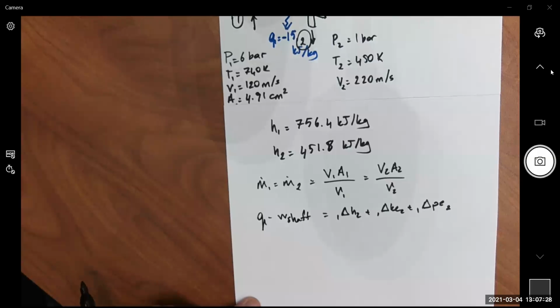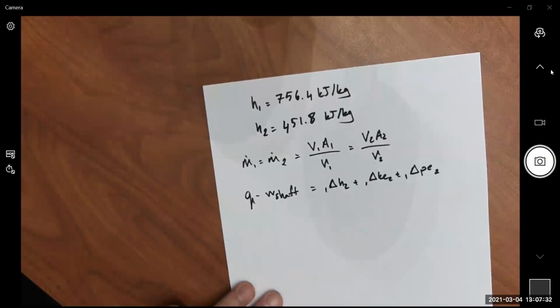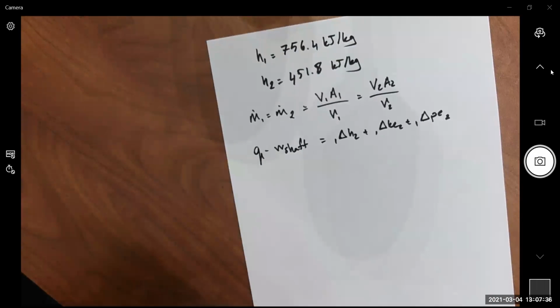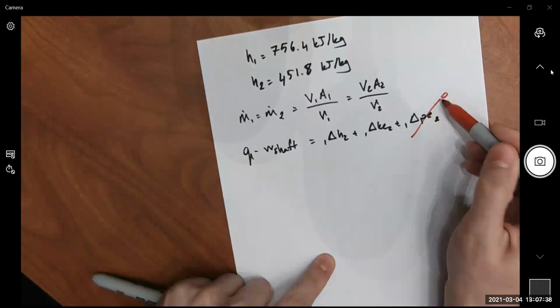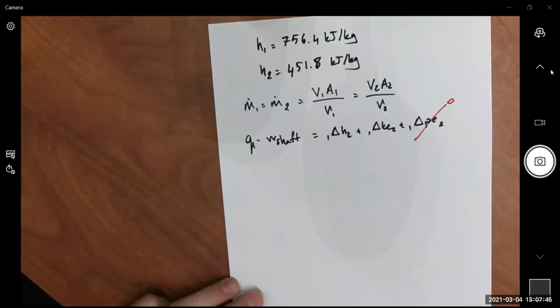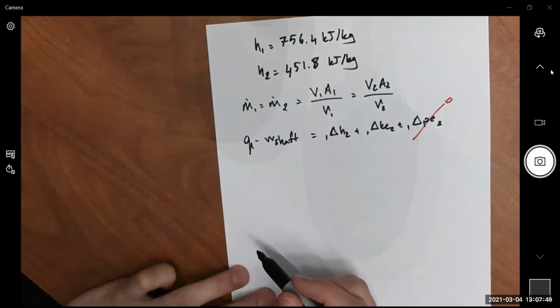All right. Okay. Here, potential energy is 0, it's negligible.